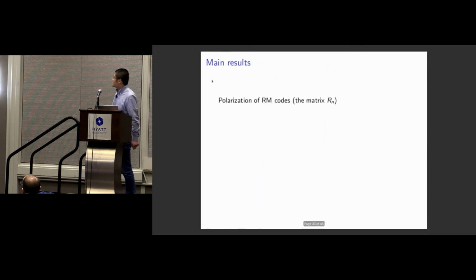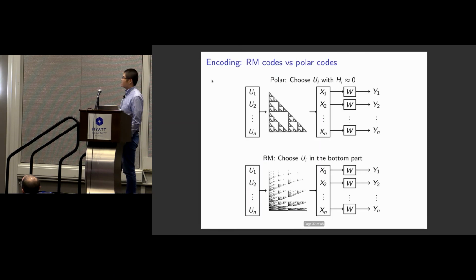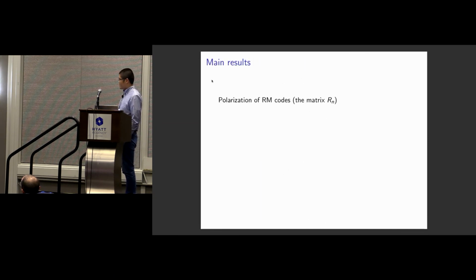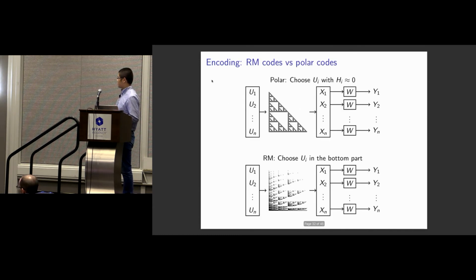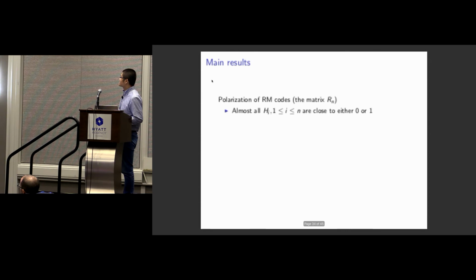Okay, so now we have all the background, and we are ready to state our main result. The first main result is that we show the polarization of Reed-Muller codes. More precisely, we show the polarization of this matrix Rn. Namely, all the HIs are close to either 0 or 1 for this bottom part.